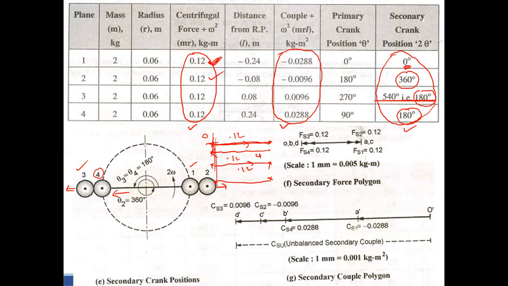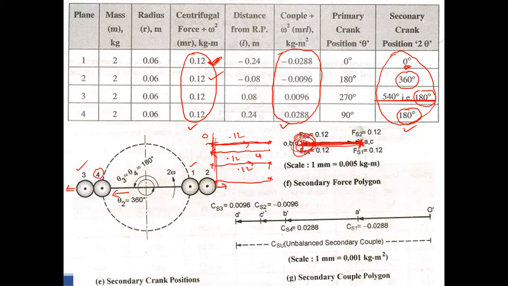Actually, all must coincide. 1 is from this point to this point, 4 is from this point to this point, then 2 from this point to this point, and finally 3 from this point to this point. It is coming to the same point. So what is the meaning? There is no unbalanced secondary force. The polygon started at this point and ended at this point.